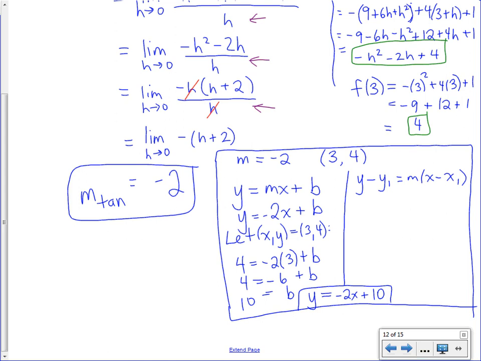I also want to show you how it's transformations. Your m is your a value, your stretch or compression. x1 is your d value. y1 is your c value.